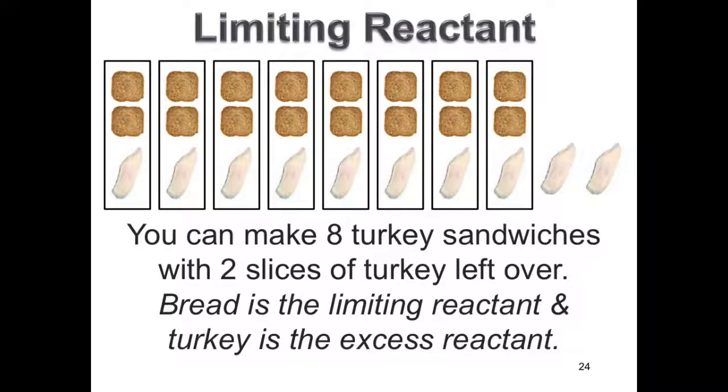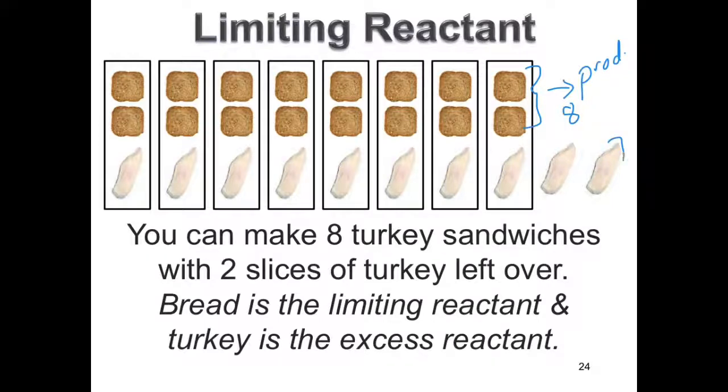And here's the visual of that, putting all the pieces together. So it also tells us how the comparison is going to go in our limiting reactant problems, and why we have 2 paths through the roadmap. The first path will take one of the reactants as the known to give us products. Here we can make 8 sandwiches.